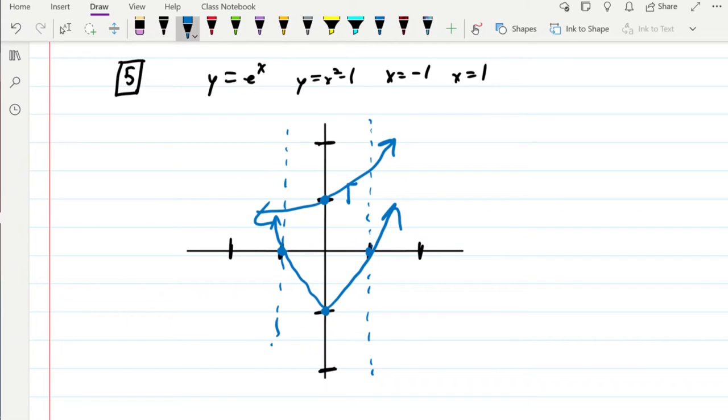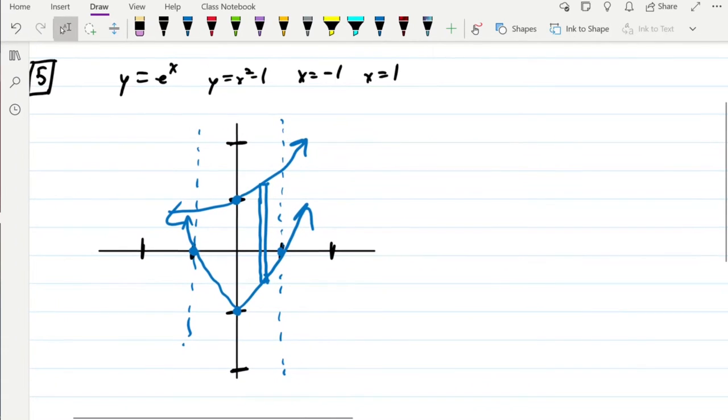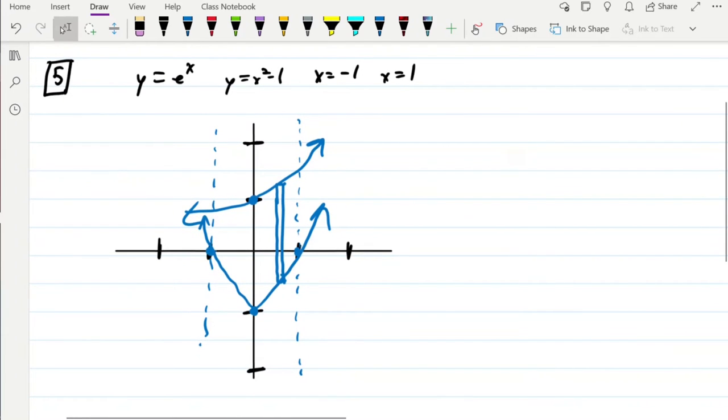So what we're going to want to do is integrate with regard to x. Our top function is going to be y equals e to the x, and our bottom function is going to be y equals x squared minus 1.